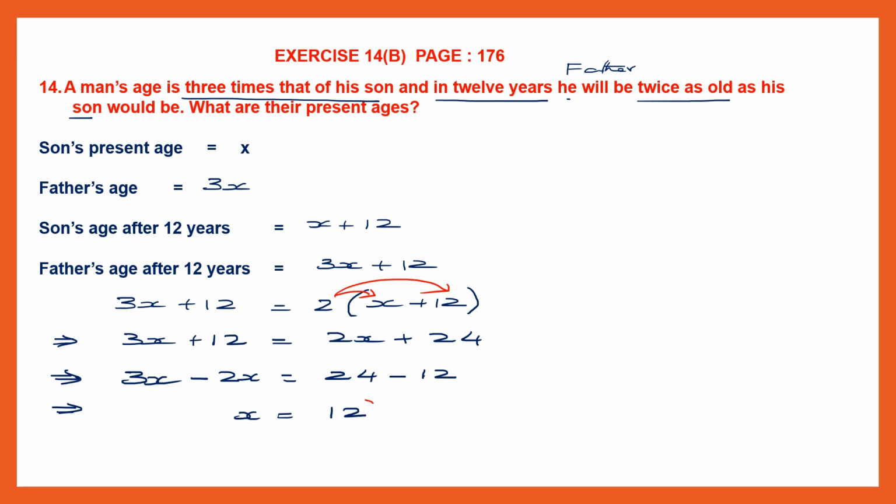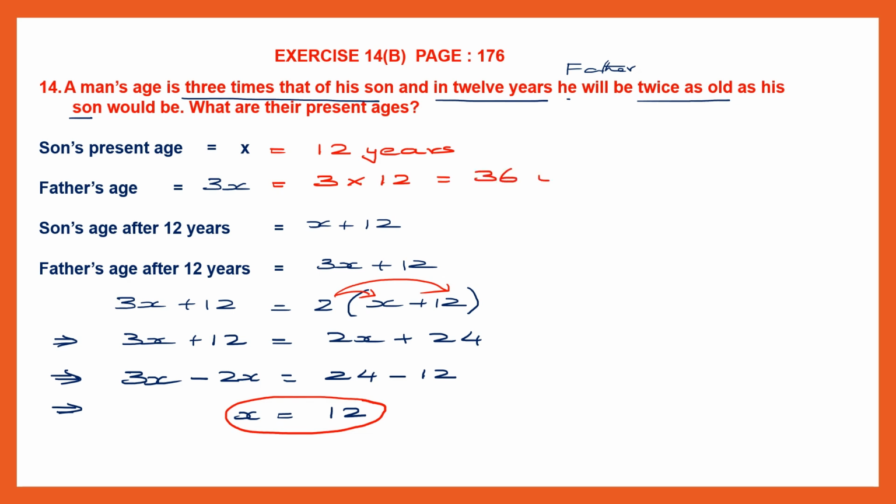Now that we have found the value of x, we can substitute it to find the son's present age and the father's present age. The son's age is x, that means we already found the son's age. He is 12 years old. And the father is 3 into x, that means 3 into 12. 3 12s are 36.